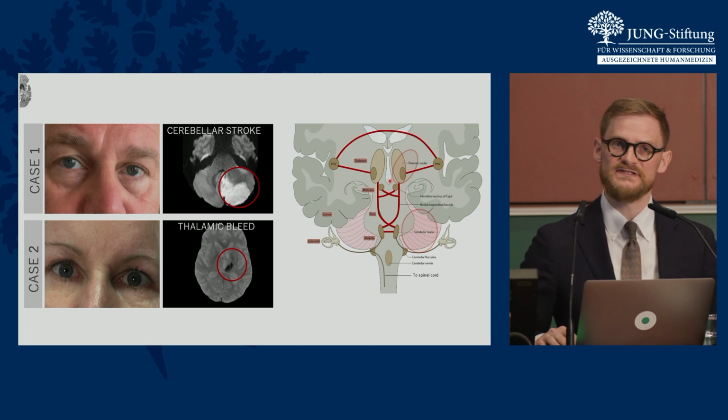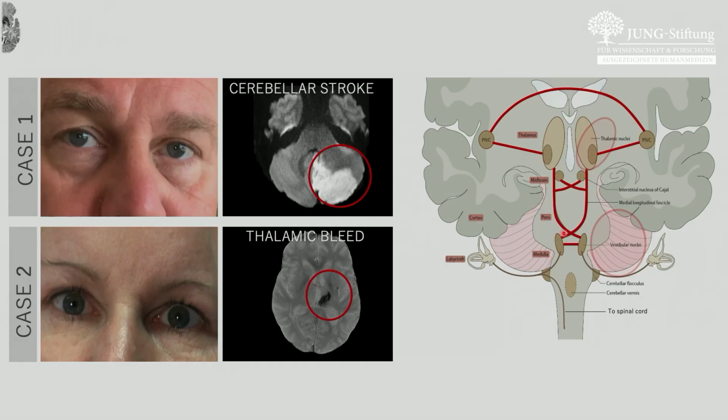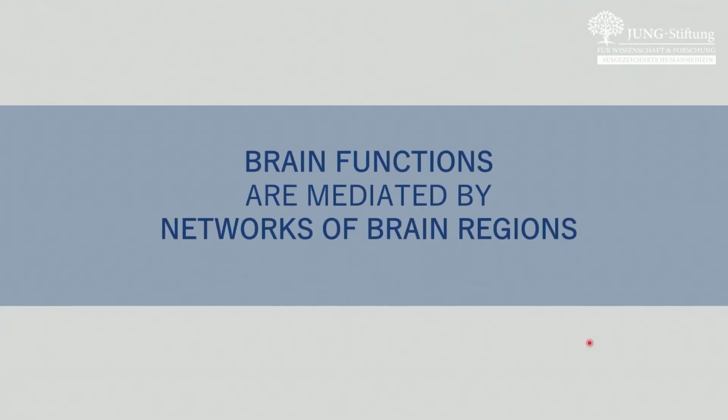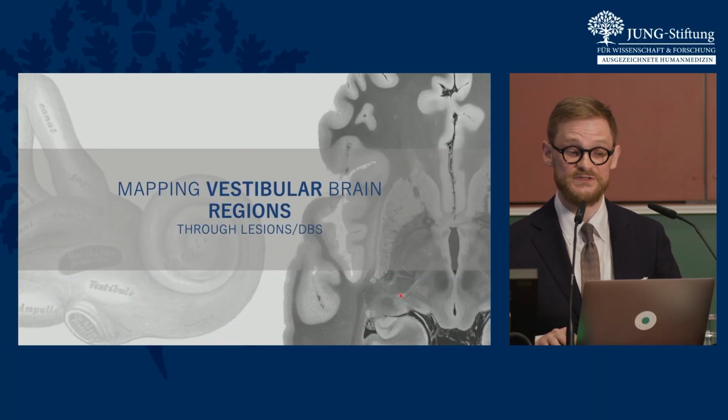So now it makes more sense. I highlighted for you on the right in that little circuit model all the white matter pathways that are related to vestibular function. And now it becomes clear that lesions in many spots of the brain can cause vestibular problems, but don't overlap in one single spot. So brain functions are mediated by networks of brain regions.